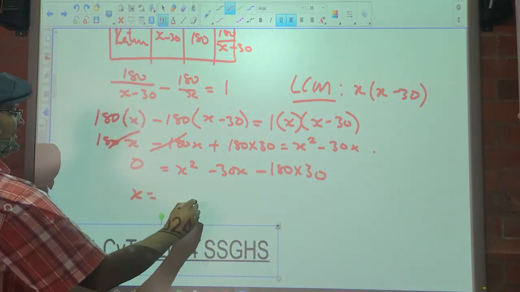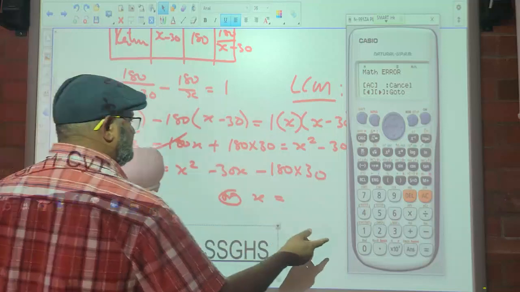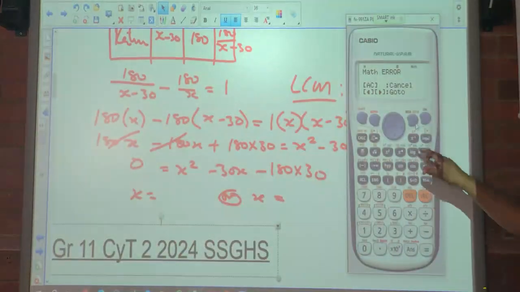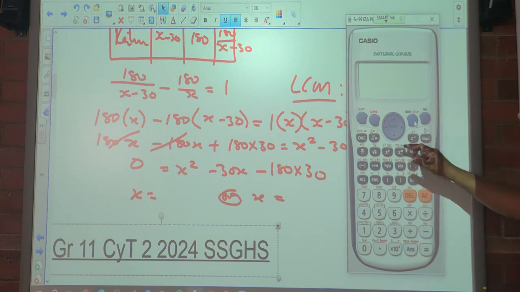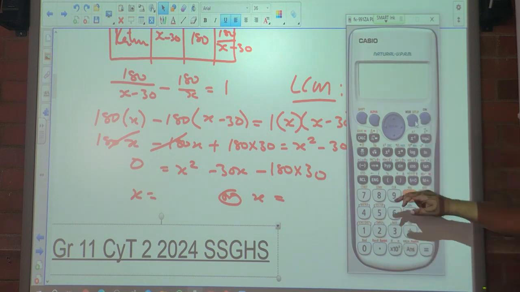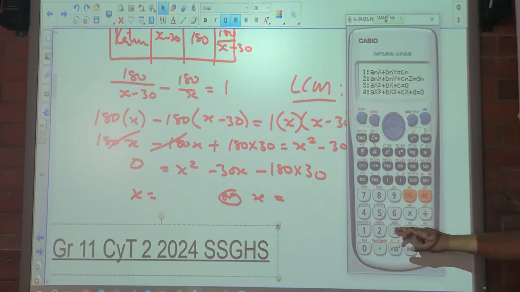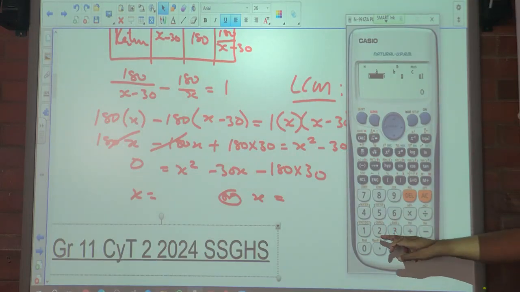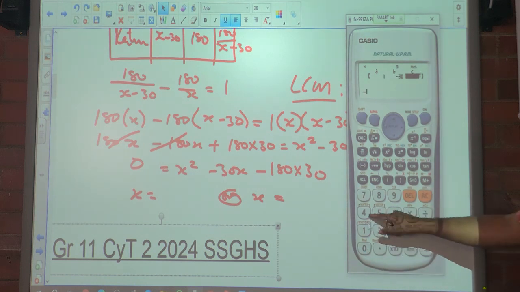So I can either use the quadratic formula or the calculator or roots or completing the square, whichever you want to do. I'm just going to use the calculator. So you got 1, negative 30, and negative 180 times 30.